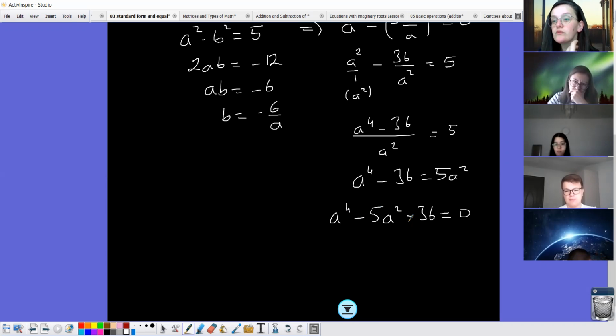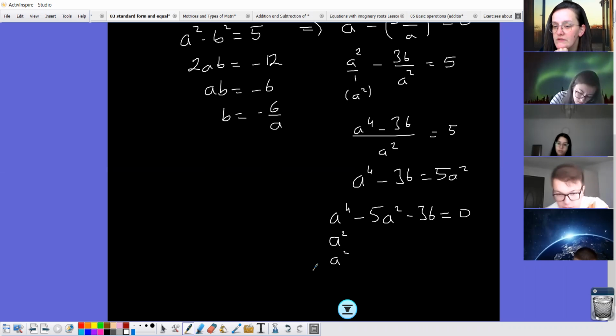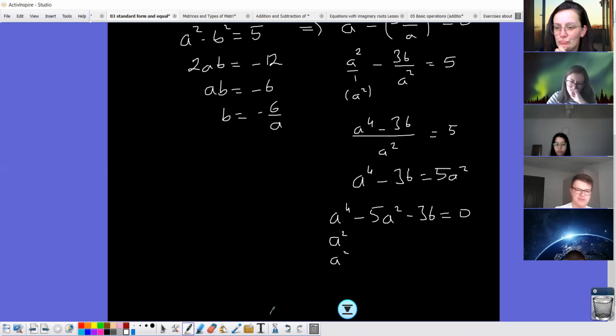If instead of a squared you write another variable, this becomes a quadratic equation. So how can I factorize this one?